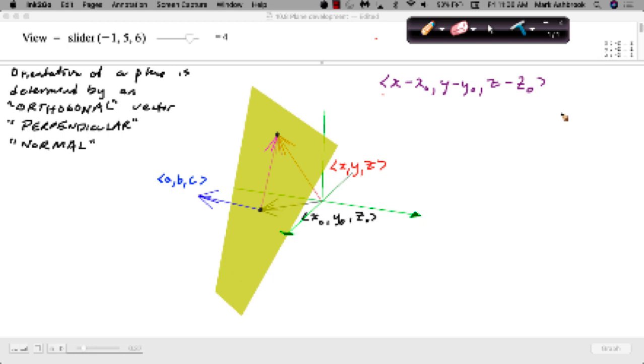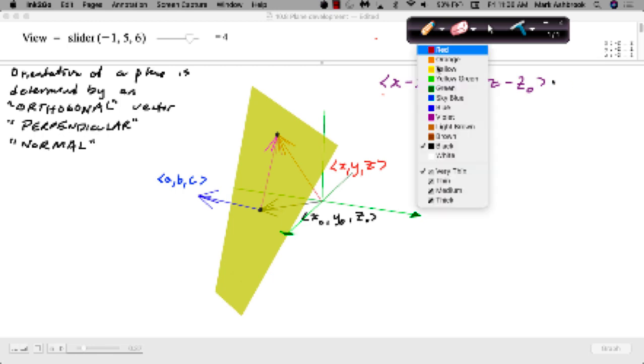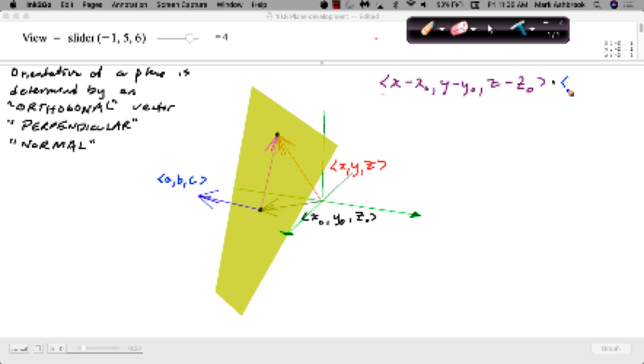We know that the dot product of that and our orthogonal vector, in blue here, has to be 0. So that brings it all together, right? That brings together every point in the plane, our known point in the plane, and our orthogonal vector in a relationship that will always be true for every point in the plane.